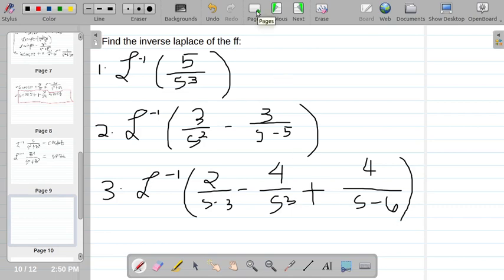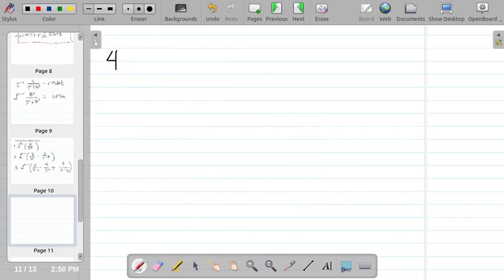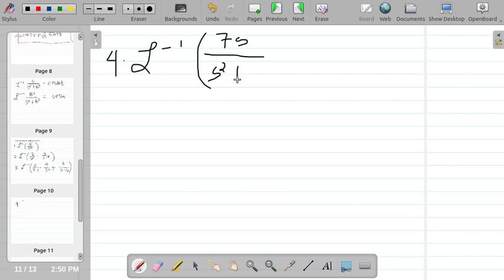Then for number 4, find the inverse Laplace of 7s over s squared plus 49 plus 7 over s.